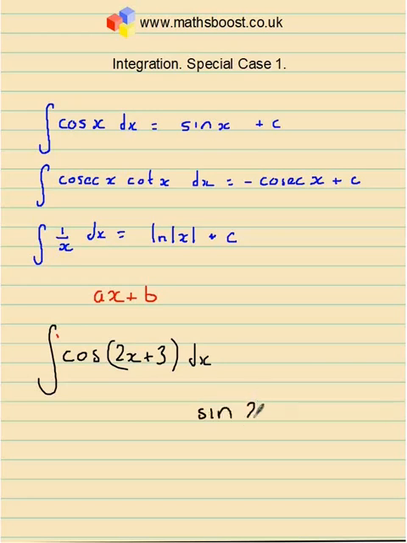And so I'll get sine 2x plus 3 plus c. But the price you pay is you then have to divide your result by a. In other words, the x coefficient. So think of that as the price you pay for using this special case.